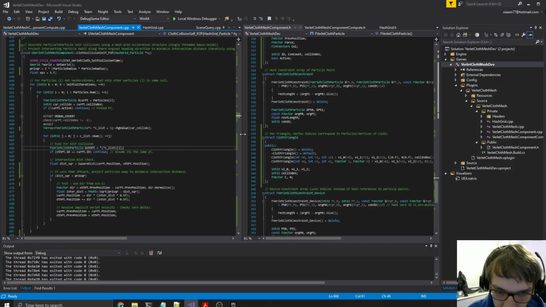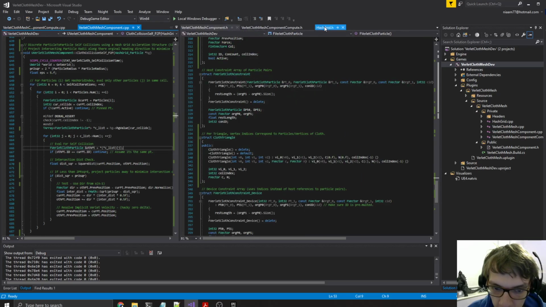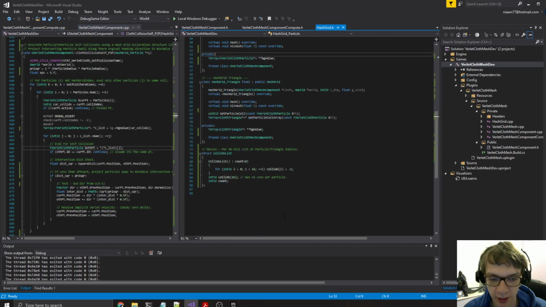I've already done a bit of setup. There are a few ways that we can pass the hash grid to the GPU. We have the hash grid, and it's an array of arrays, where each inner array is each cell of the hash grid, and we have some number of cells. Max number of cells currently is 1,000.